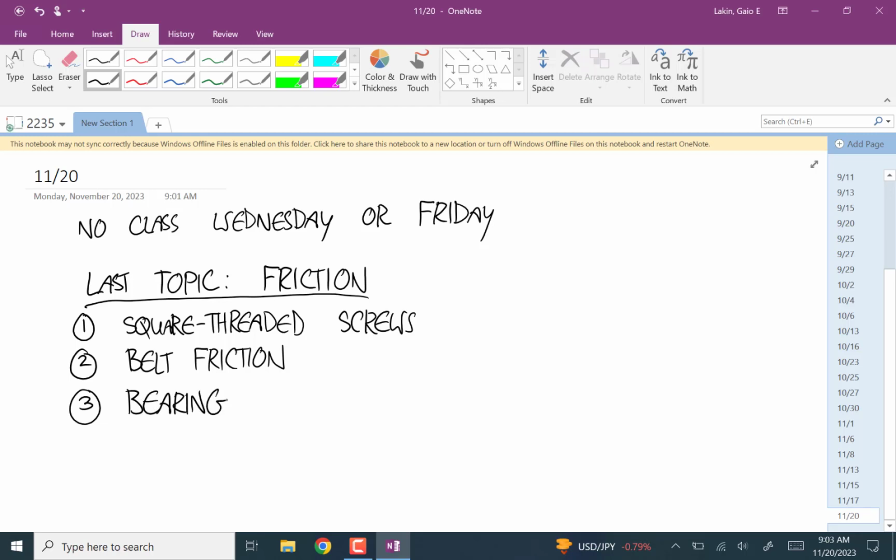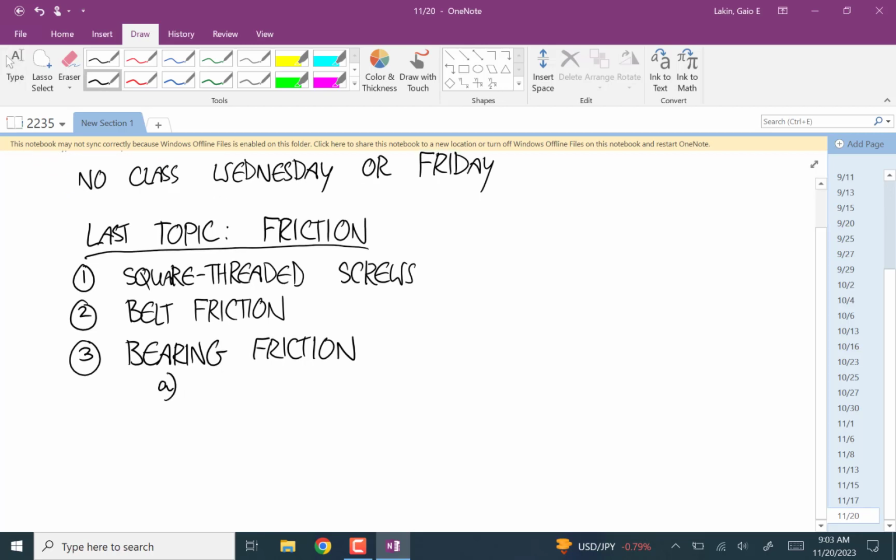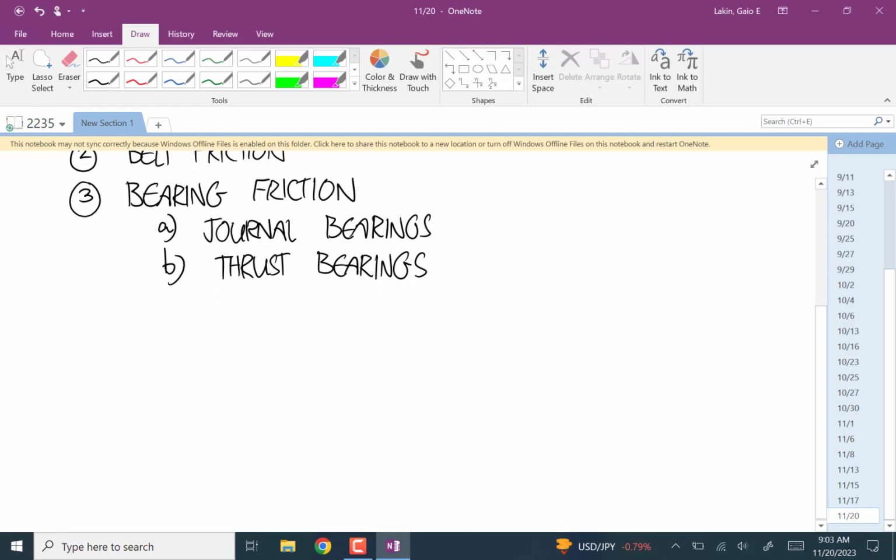And bearing friction is going to be broken up into two parts: journal bearings and thrust bearings. So the first one we're going to talk about is square threaded screws.